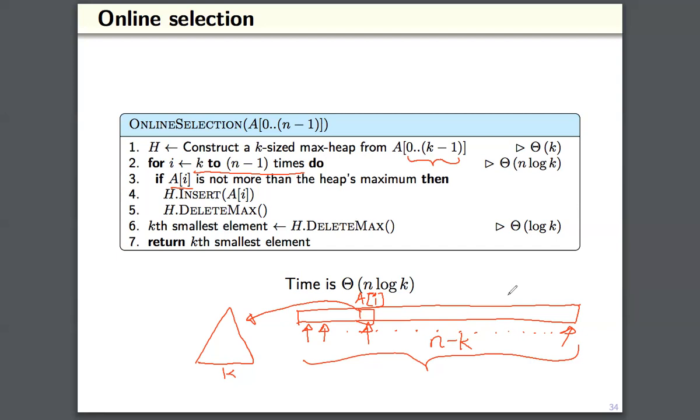Is what's left in the array the k smallest elements? Exactly. After doing this, you will have the k smallest elements.